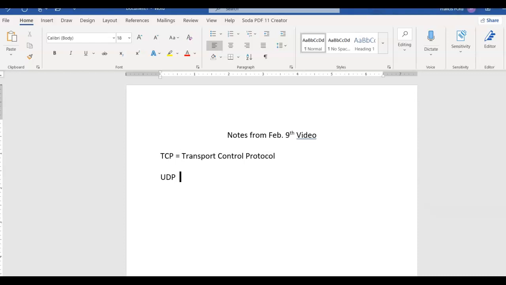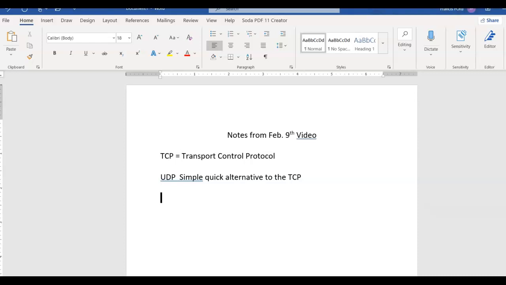It's a simple, quick alternative to TCP. And we're going to come across this very shortly with one of the things we're going to do.